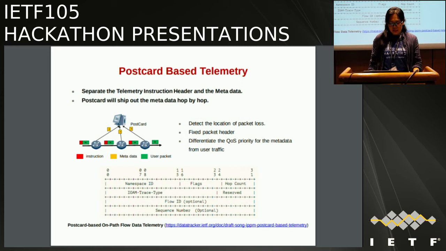And then we can solve the encapsulation length issue with a fixed packet header. Sorry, a little nervous. And the last one is a different queue priority for the metadata from user traffic.